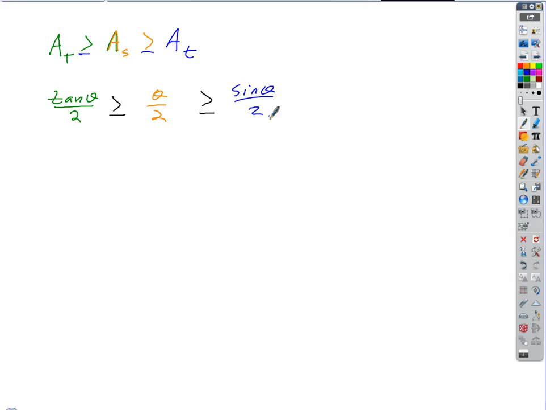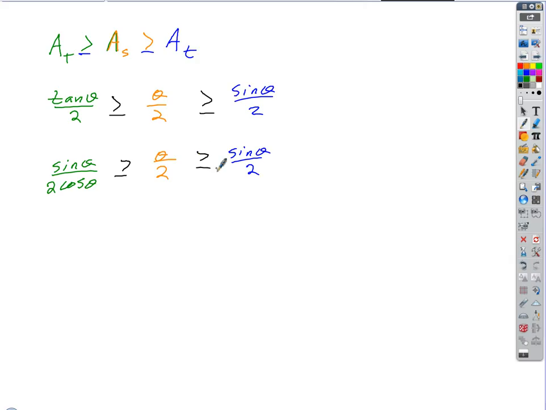So we're going to do something here. Tangent is the same as sine theta over cosine theta, right? So I'm going to rewrite this. Okay. That's always the case.